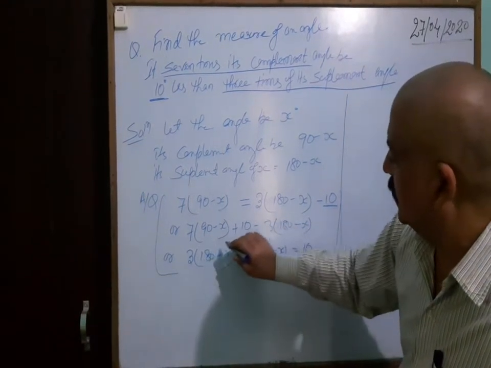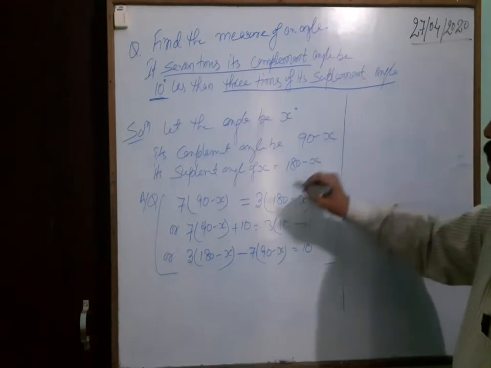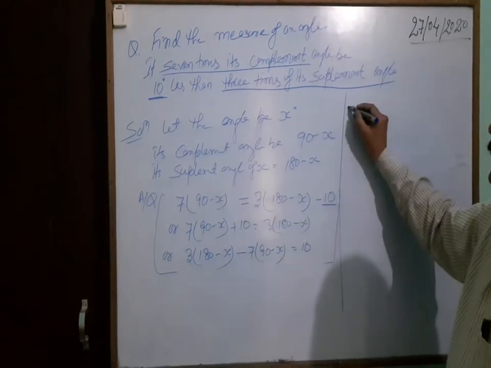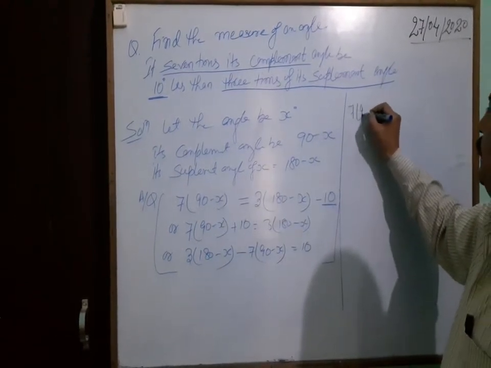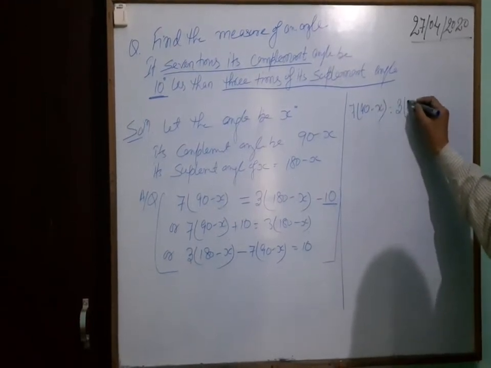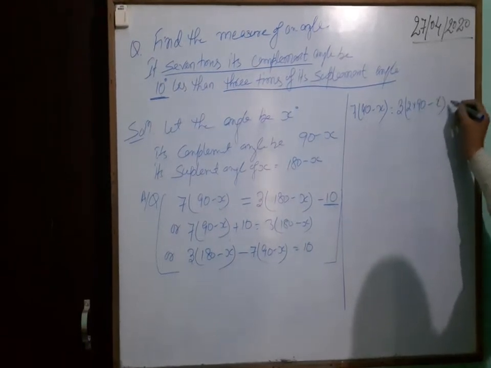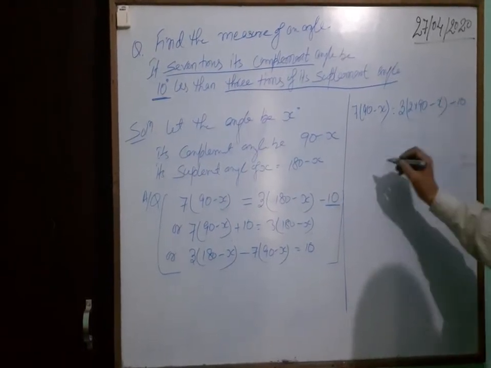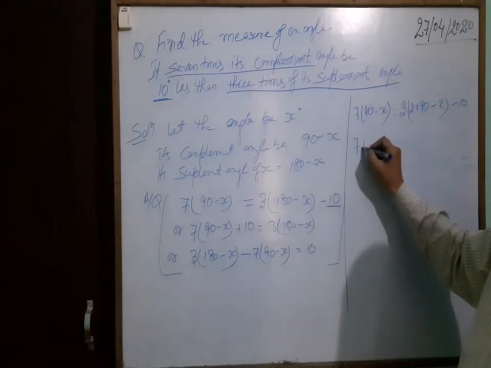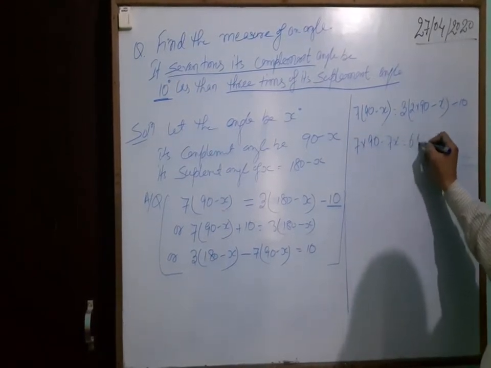So first of all we use 7 times 90 minus x equals 3 times 180 minus x minus 10. So 7 into 90 minus 7x equals 3 into 180 minus 3x minus 10.